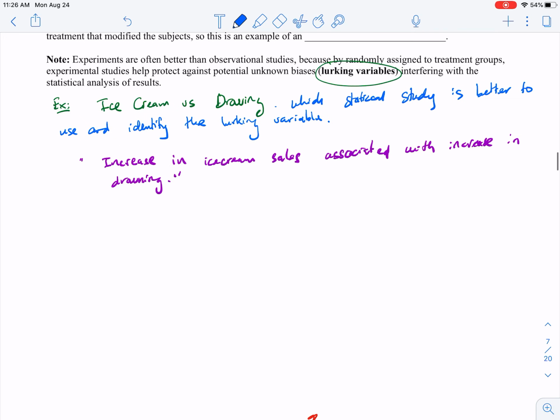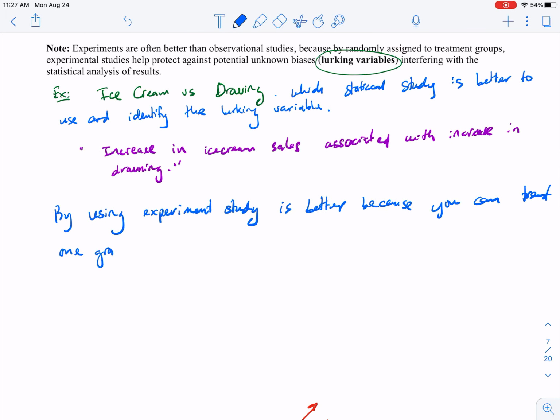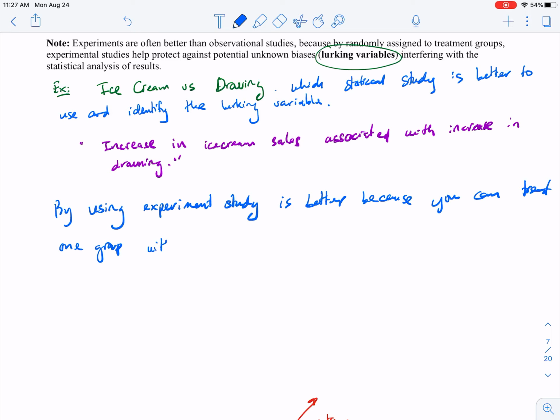So what we can do is say that using an experiment study is better, because you can treat one group with ice cream while the other group gets no ice cream, right?